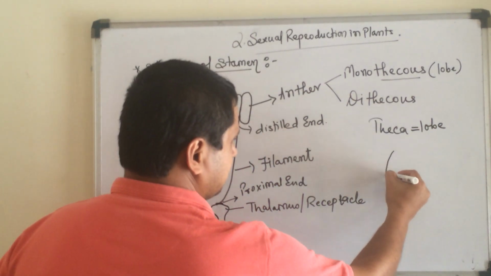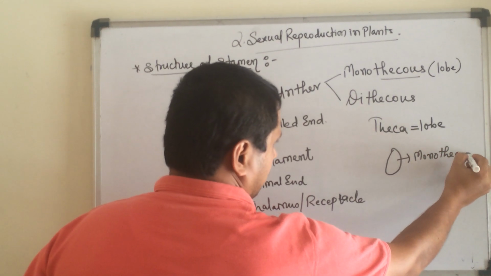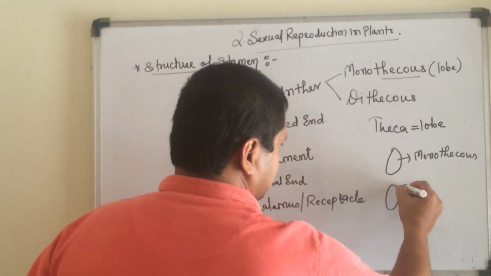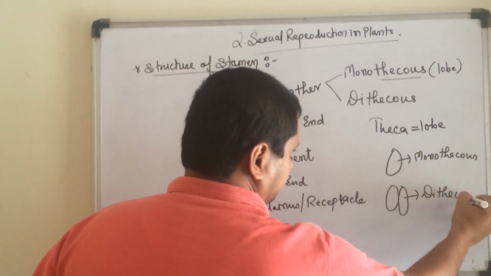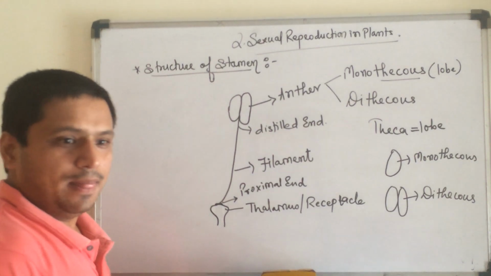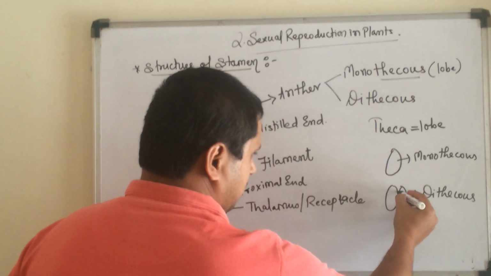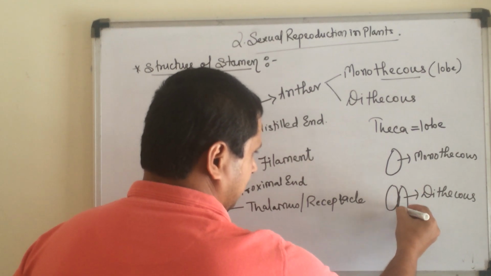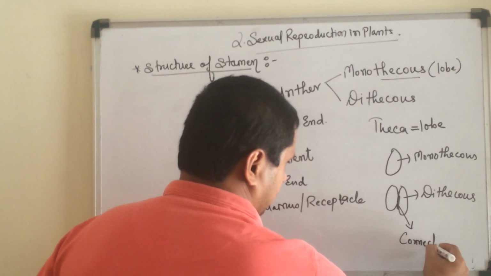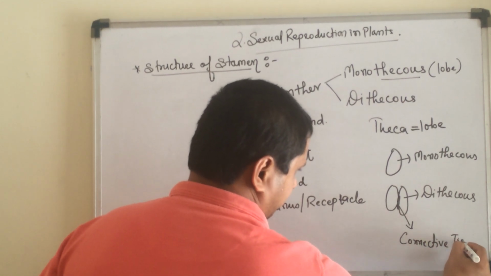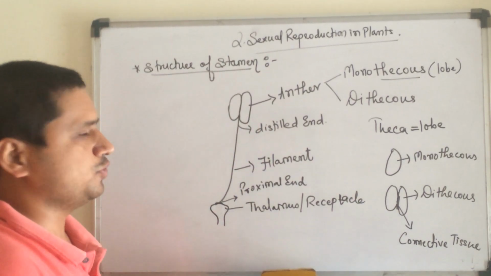So this is monothecous, and this is dithecous. Now, in the dithecous anther, the line present in the center is nothing but the connective tissue.